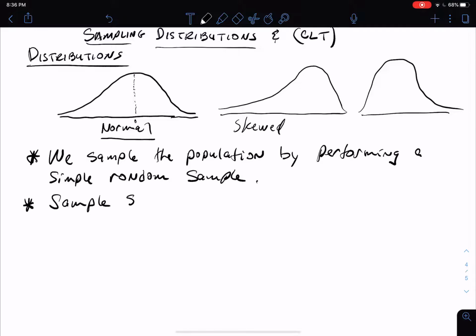Okay, sample size. That's just the size of the sample that we take, and we use n, which equals the sample size.